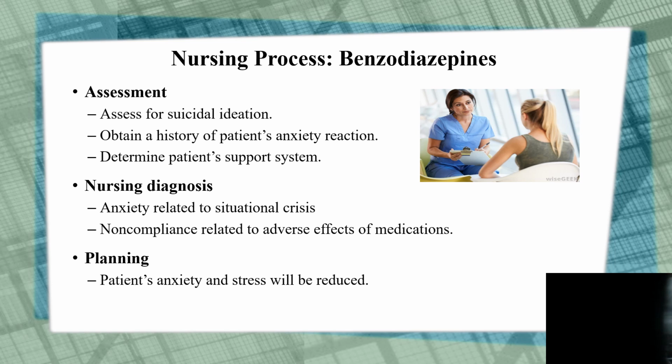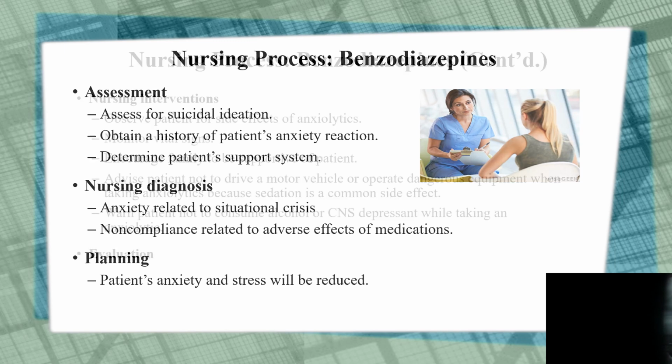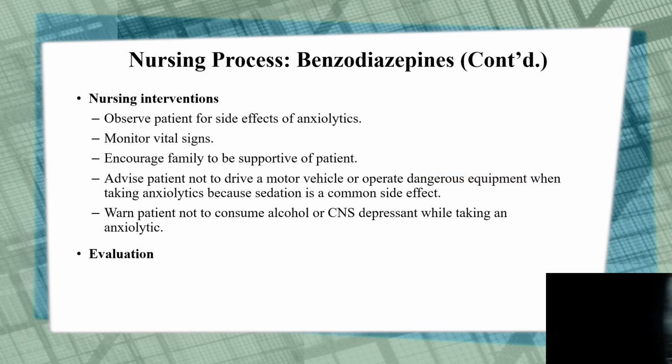In the plan, you want to include that the patient's anxiety and stress will be reduced once the medication is started. And then you want to observe. When a patient is on Ativan, you want to continuously observe them, so that may require additional assessment.